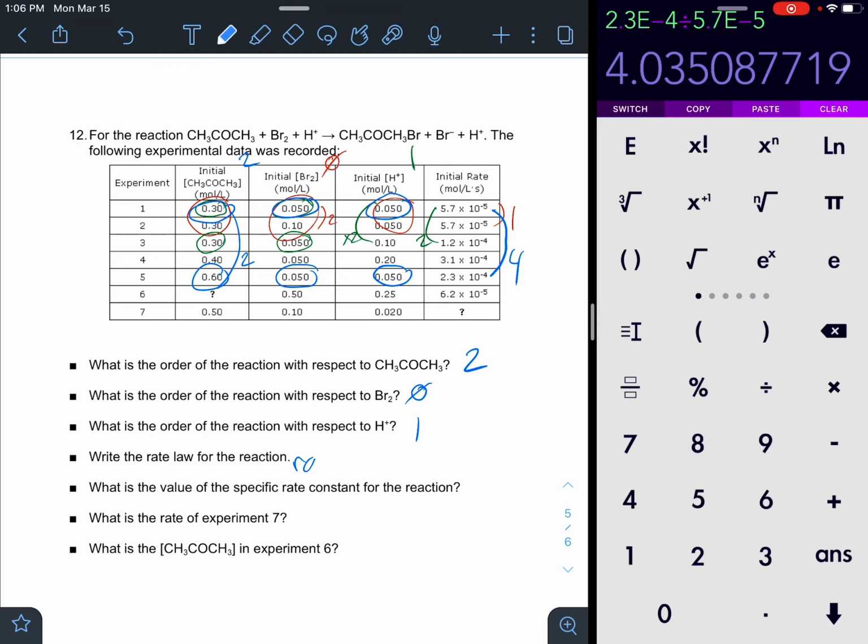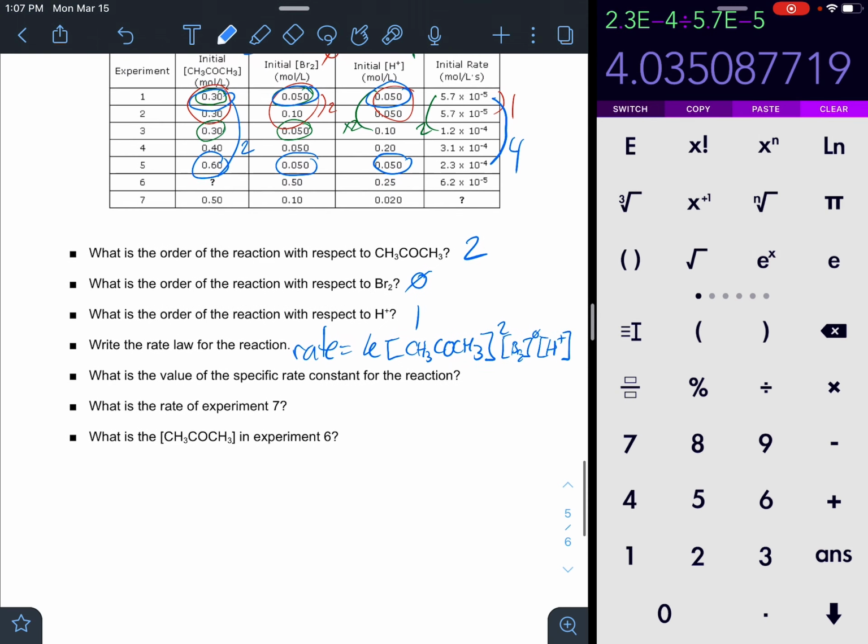So the rate law is rate equals K times CH3COCH3 to the power of 2 times BR2 to the power of 0, sometimes not included because it's power of 0, times H plus to the power of 1. Find a rate law, or a specific rate constant.